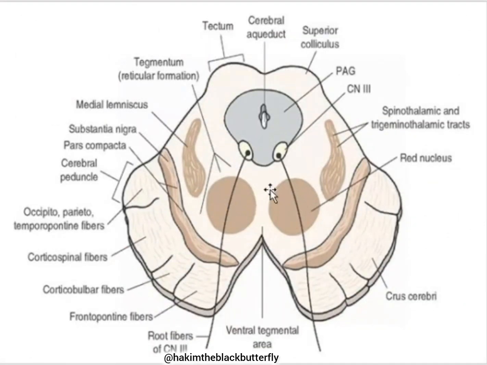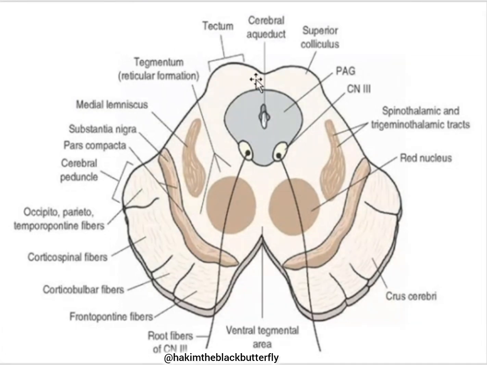When you make a transverse section at the level of the superior colliculi, you're going to see the tectum containing the superior colliculi, a bulge on the left and a bulge on the right. This region is the tectum, the cerebral aqueduct is there, and this entire region is the cerebral peduncle: the tegmentum, the substantia nigra, and the crus cerebri.